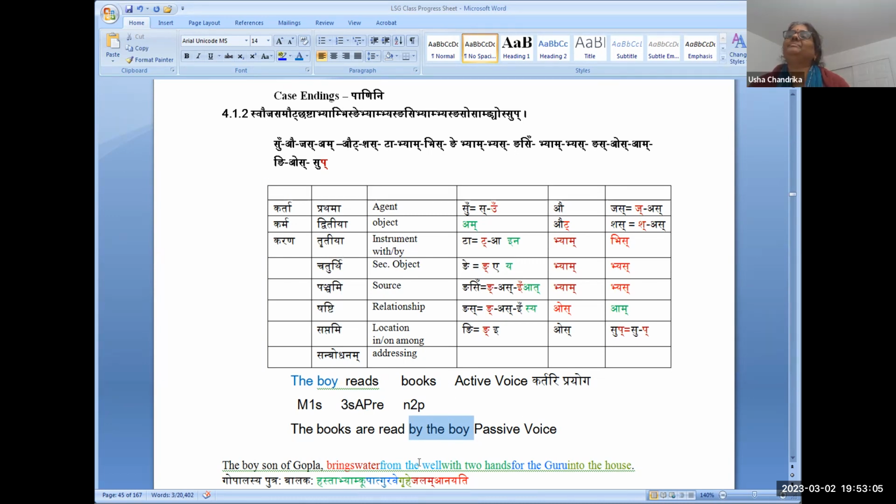So now the books are read. What we want in a passive voice is that the karma comes in pradhama vibhakti. This is still the karma. Who reads the book? The boy. So it's called kartari prayoga, karmani prayoga.